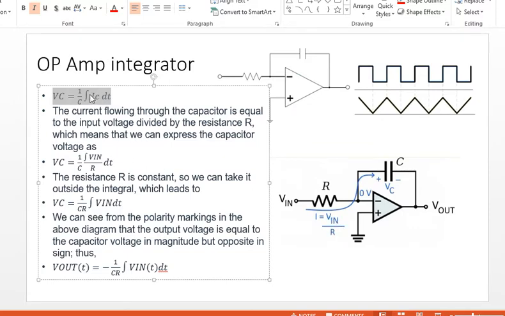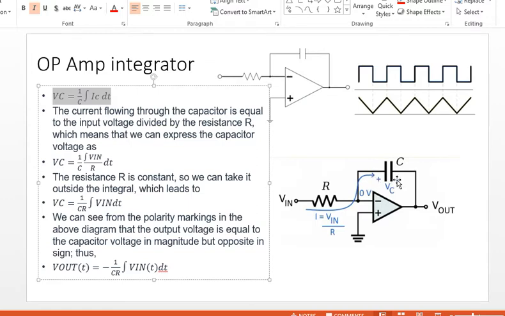So if you place it in this specific equation, you know that this is the same current flowing through this loop, right? So when we just take out the C and R, 1 over time constant, VC is equal to 1 over time constant times the integral of V in, right?